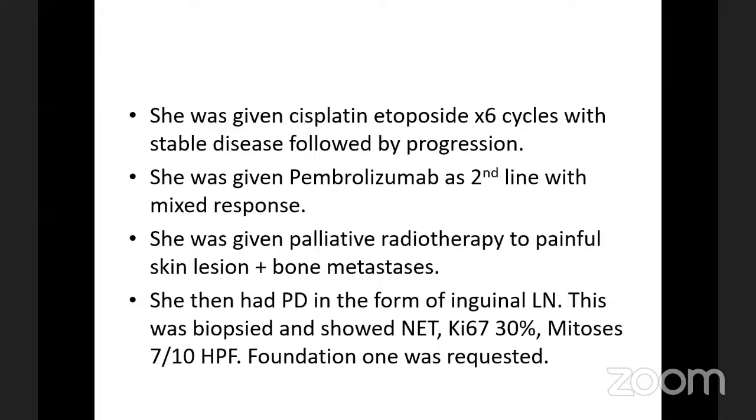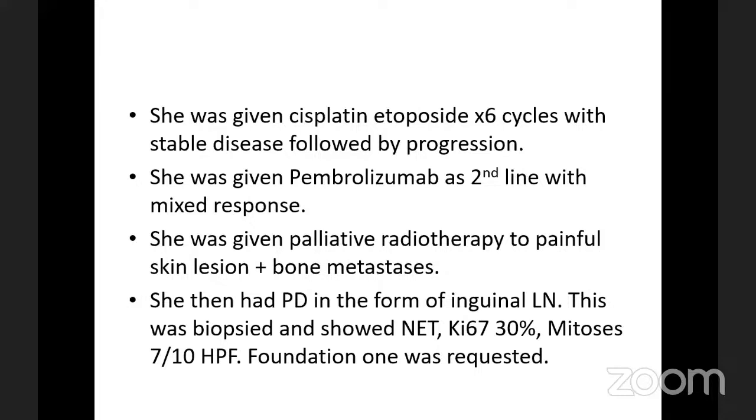Then after she progressed, she was discussed on the thoracic tumor board, and the consensus was to proceed with second-line immunotherapy. So she was given pembrolizumab with mixed response. Then she had multiple lesions that were painful and subcutaneous, and some bone lesions that were treated with radiotherapy. And then she had more disease progression.